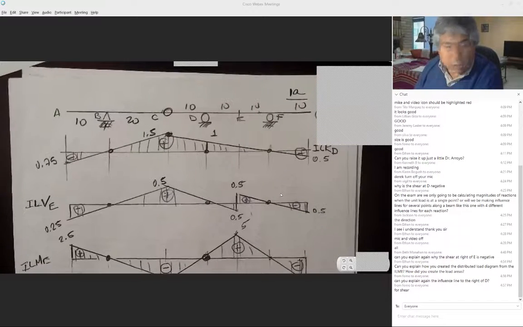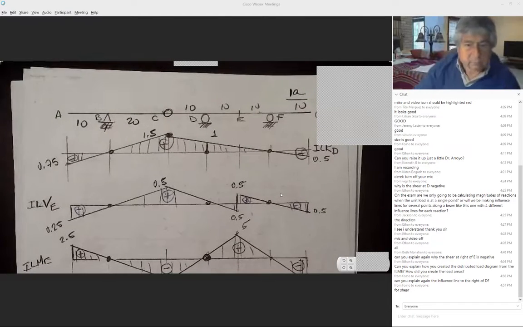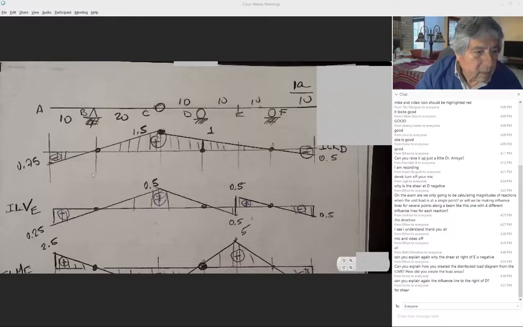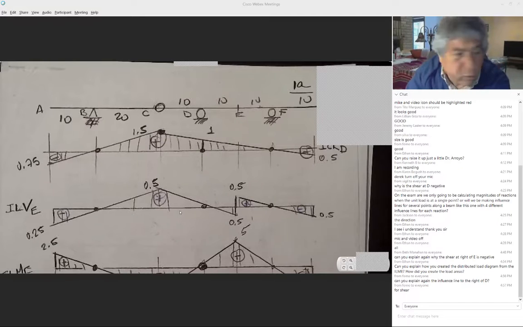I'm going to look at the shear at E. If I want to produce the maximum negative shear at E, I would put my dead load all over. In this structure, dead load all over, and only load the negative portion.